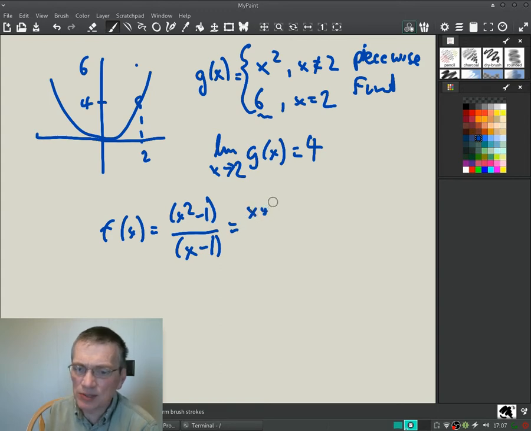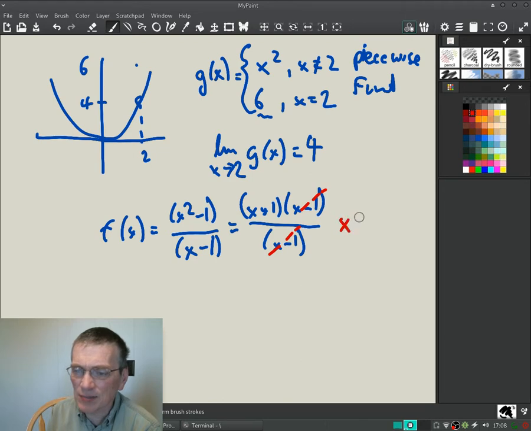It becomes x plus 1 times x minus 1, and then you have x minus 1 down here. So you can sort of simplify it, but you have to explicitly say that x can't be equal to 1, because the original function and the simplified one are not the same function. We have simplified this, and in doing so we lost a special condition that you can't have 0 in the denominator, so x can't be 1.